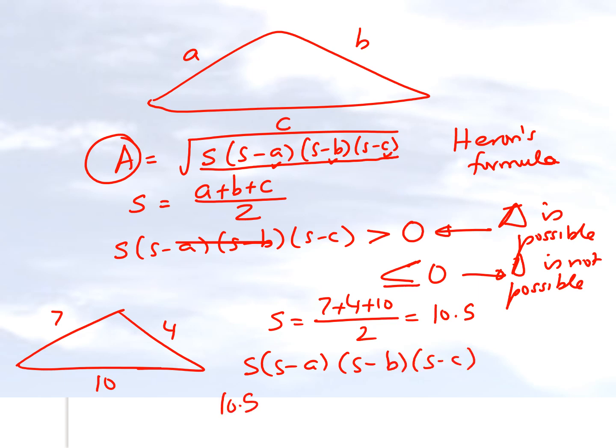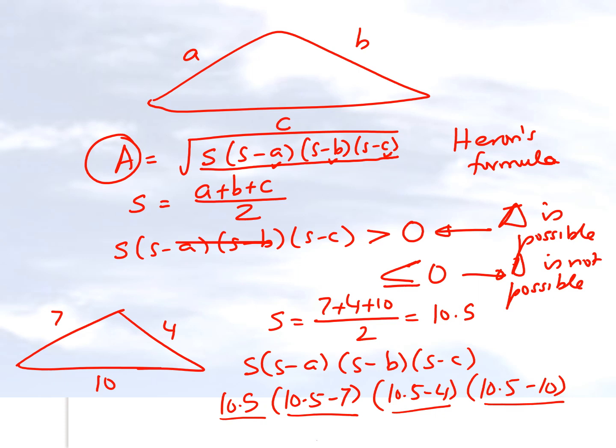It's 10.5 here, then 10.5 minus 7, then 10.5 minus 4, and then 10.5 minus 10. So what you're finding out right here is that this is positive, that's positive, that's also positive, this is also positive. So the whole quantity will be positive. Hence, this triangle is possible.